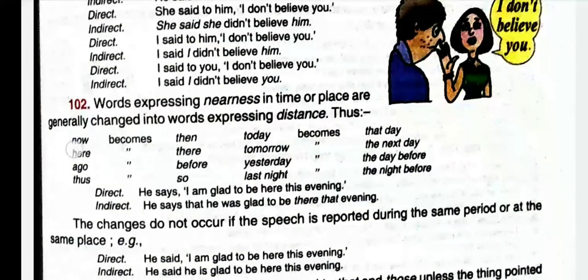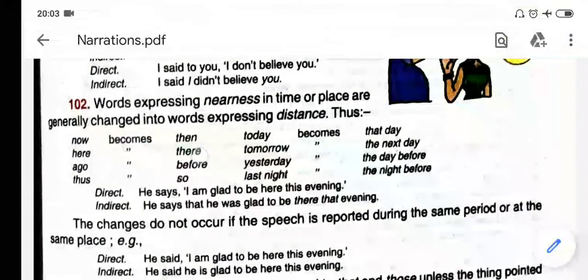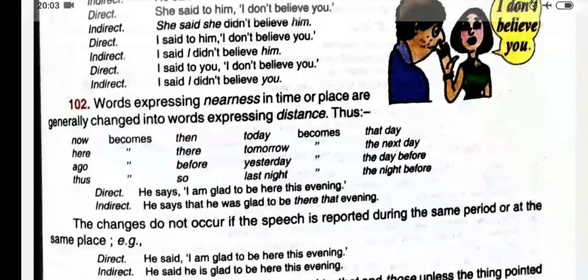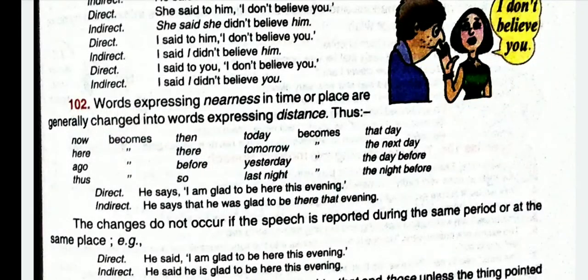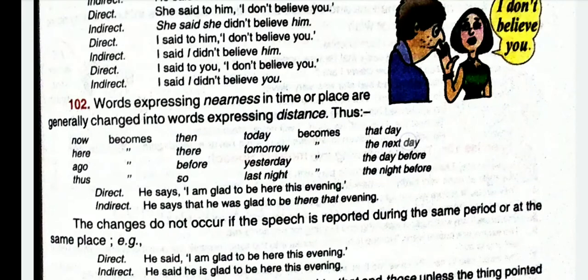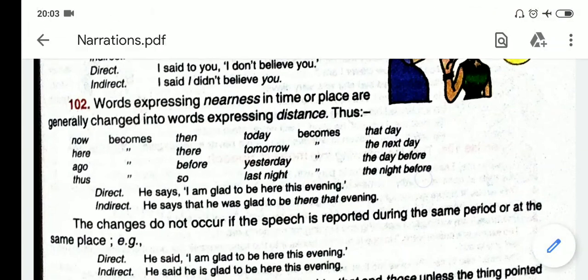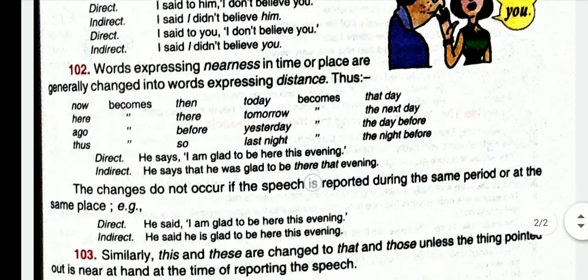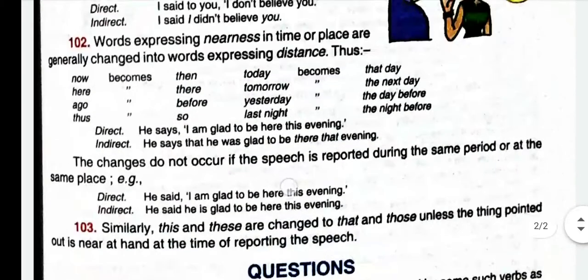So now will change into then, here will change into there, ago will change into before, thus will change into so, today will become that day, tomorrow will become the coming day or the next day, yesterday will become the day before or the previous day, last night will become the night before or the previous night. So do all these rules.